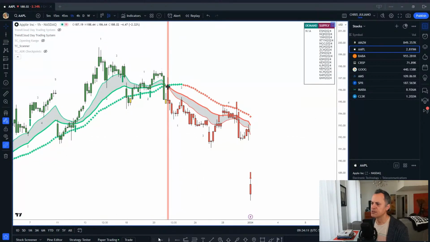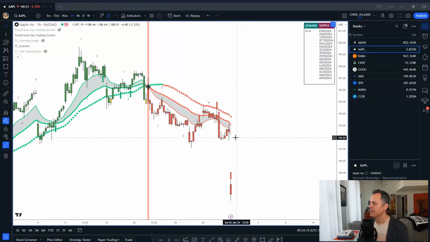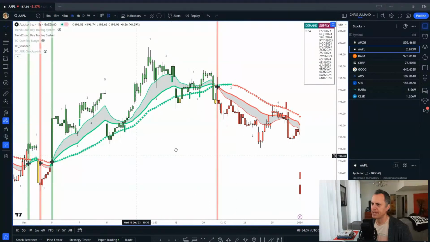We knew that was on sale back on the 21st. And news came out, and what did it do? It created a catalyst, right? It created a catalyst that drove the price down even further. We even got TrendCloud signals here and on this fourth wave, and then boom, down.